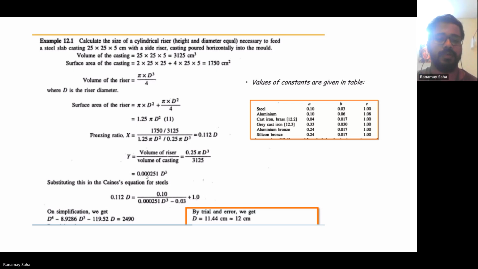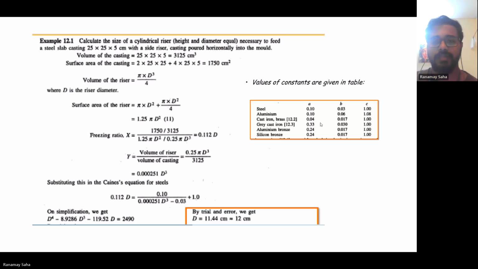For steels, the values of constants a, b, and c are provided to you.